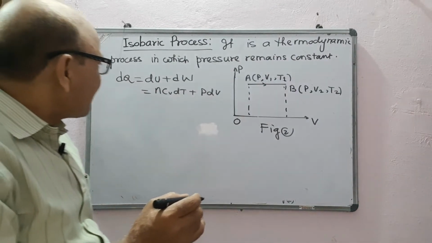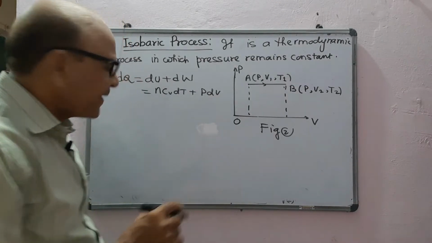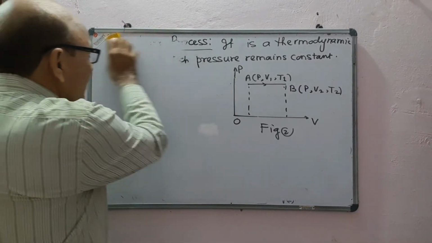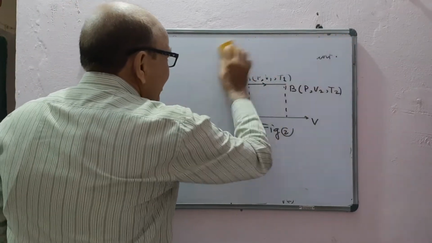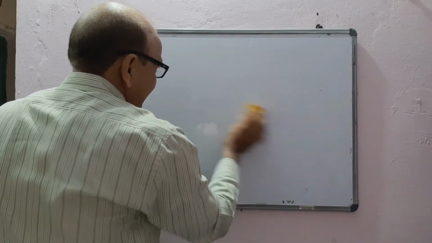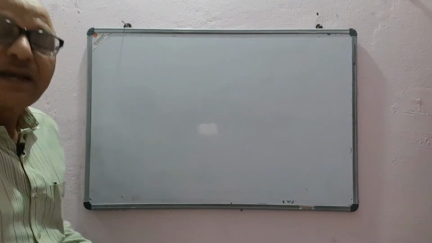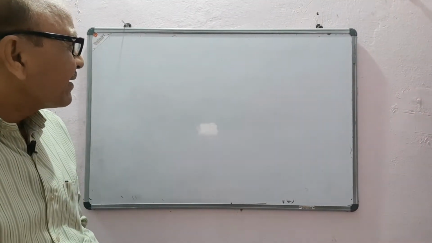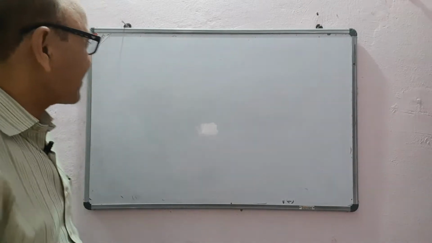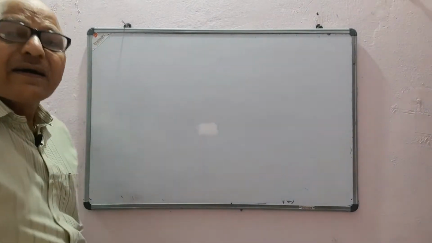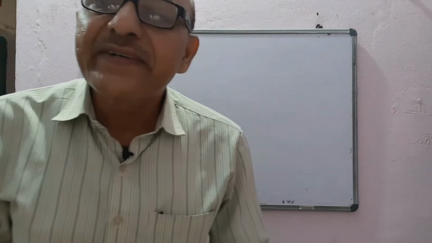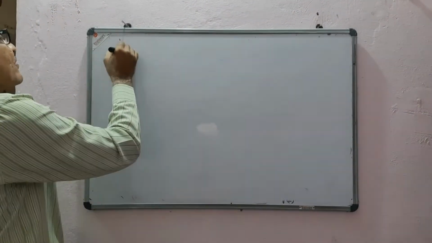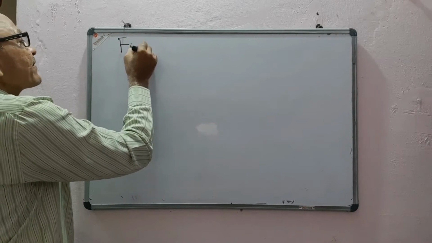Now we find the expression for work done in isothermal process. First, we take first law of thermodynamics.